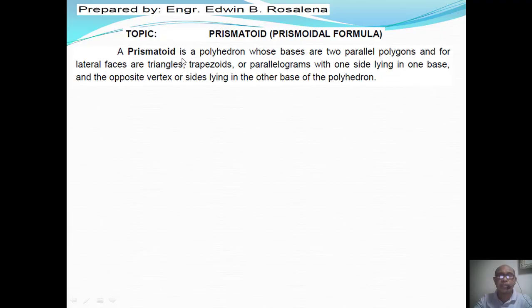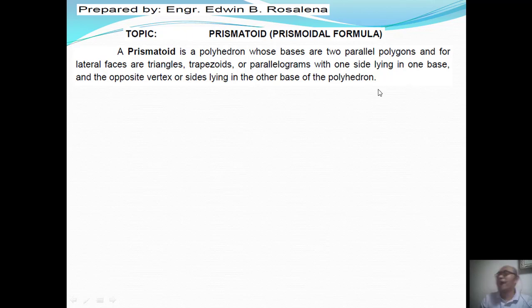A prismatoid is a solid whose bases are two parallel polygons or any geometric figure, and four lateral faces are triangles, trapezoids, or parallelograms, with one side lying in one base and the opposite vertex or sides lying in the other base of the polyhedron.